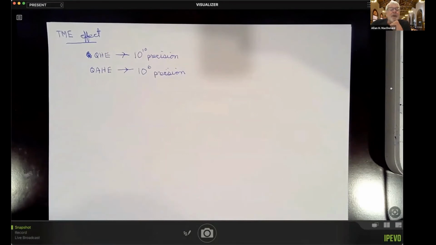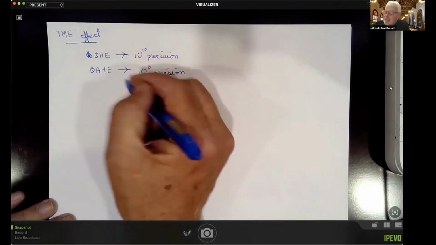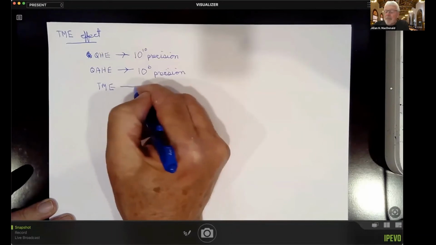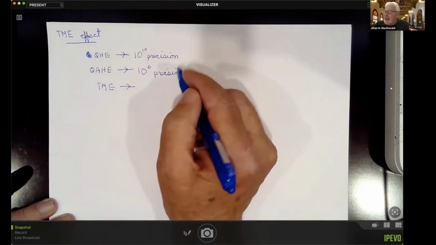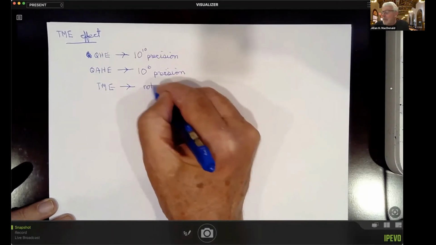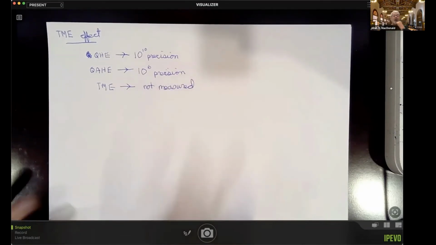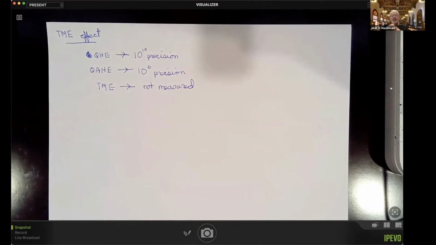But the quantum anomalous Hall effect in surface magnetized topological insulators has an accuracy of about a part in 10 to the 6th, if I'm up to date. But the topological magneto-electric effect has basically not been measured.